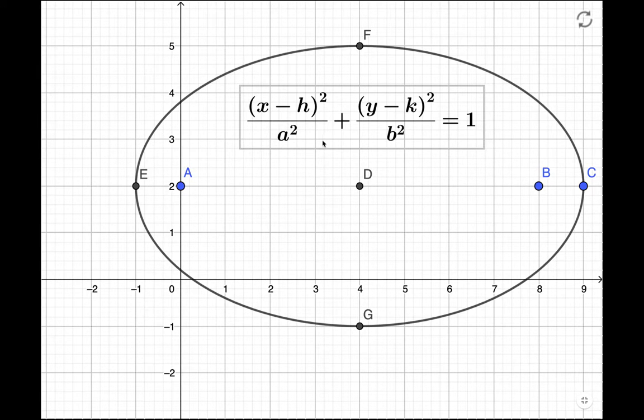One last thing to remind you is that a squared is underneath the x only because we're elongated horizontally. If this had been elongated vertically, the a squared would be under the y, because that would be the major axis. Hopefully this will allow you to do the homework today. If you do have any questions, be sure to get on and ask me your questions.